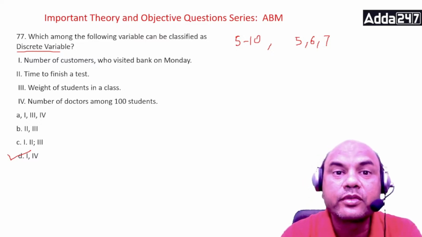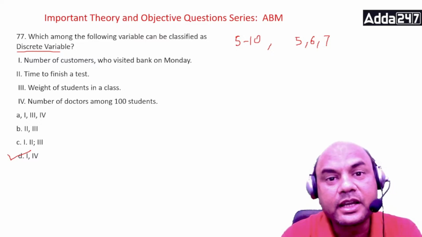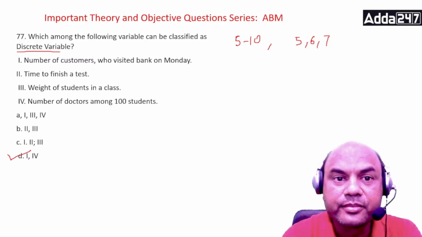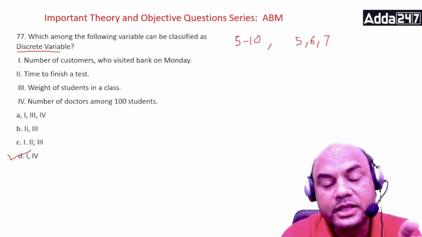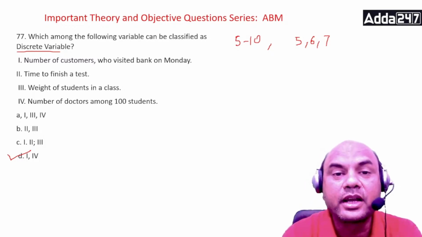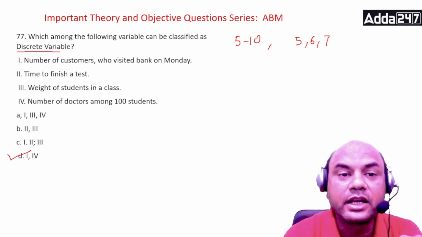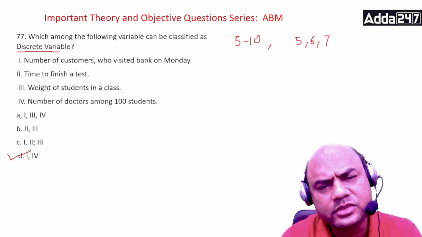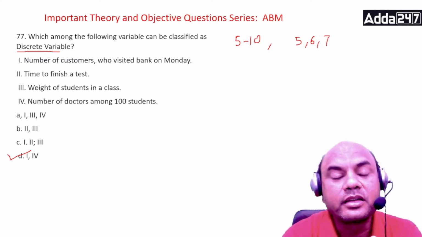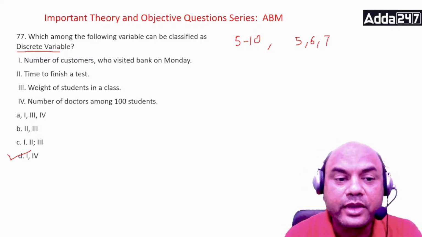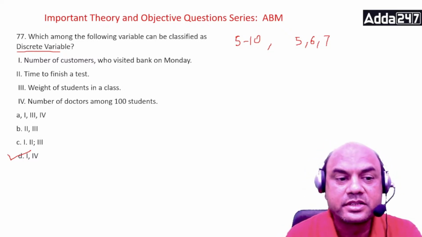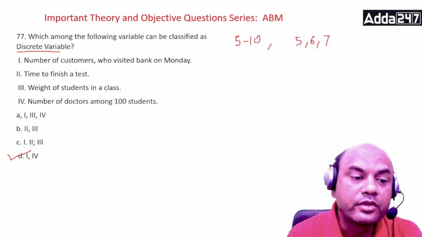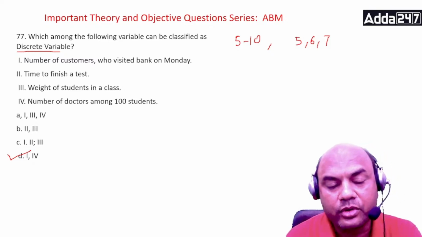If I want the weight of a single student, then it can be discrete, 50 kg. But in a class, it becomes continuous because there we have intervals. Time to finish the exam or test is also continuous because the counting is in terms of gaps or intervals. So the answer is 1 and 4, D.